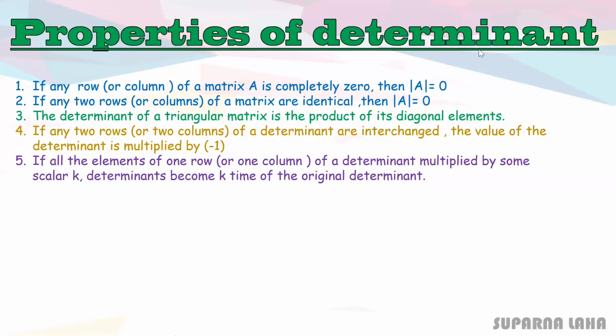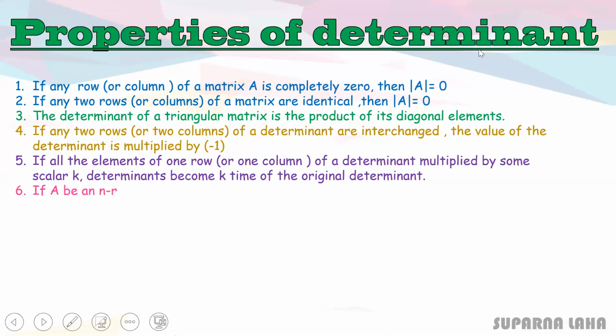Then we can write the determinant value as 2k times the original determinant value. So if any row or any column is multiplied by a scalar quantity, we can write the determinant value as the original determinant times this scalar.